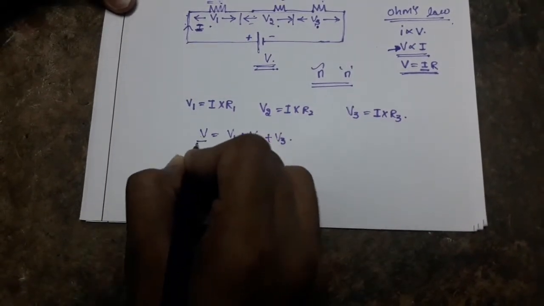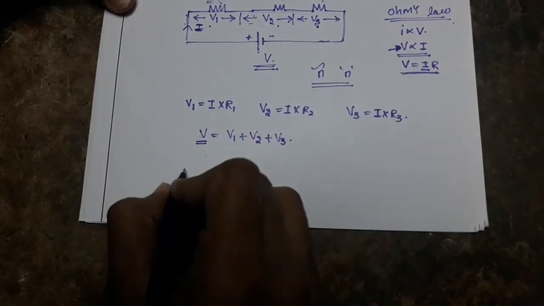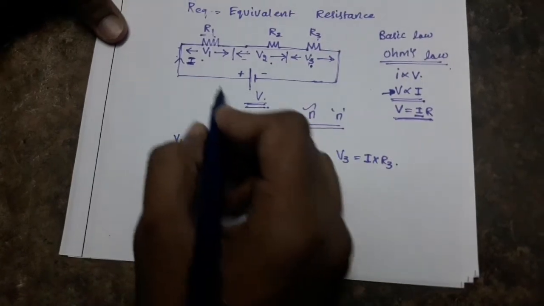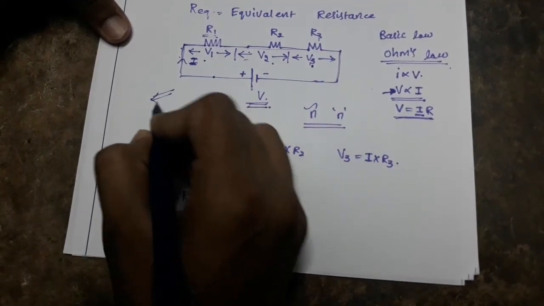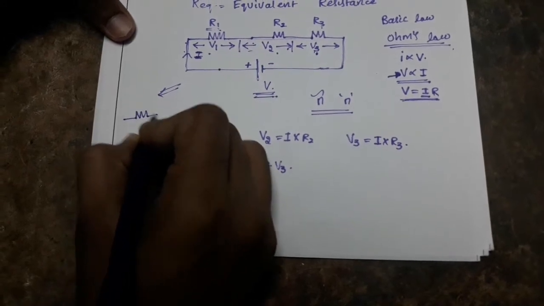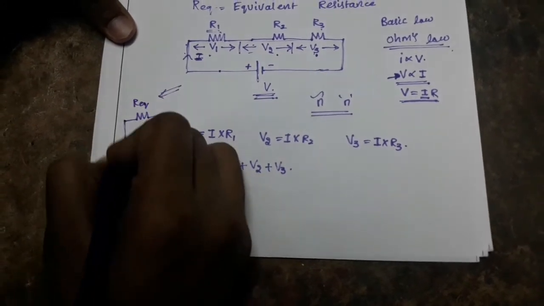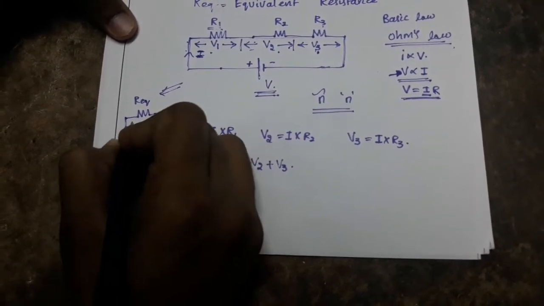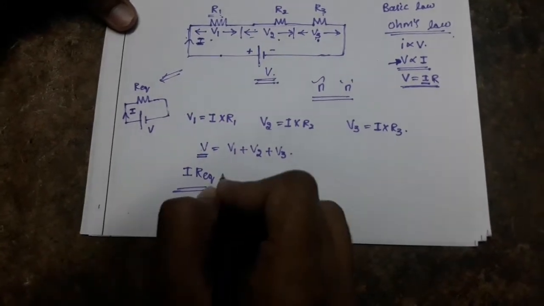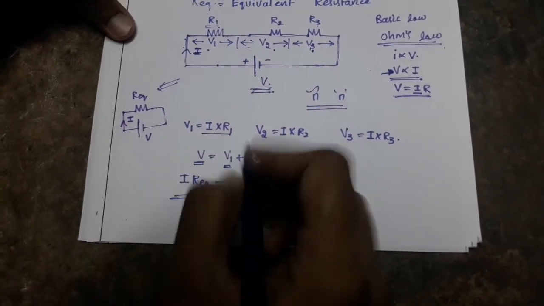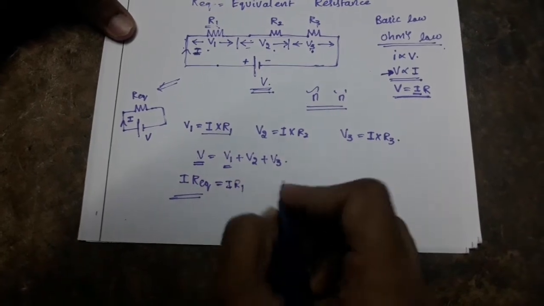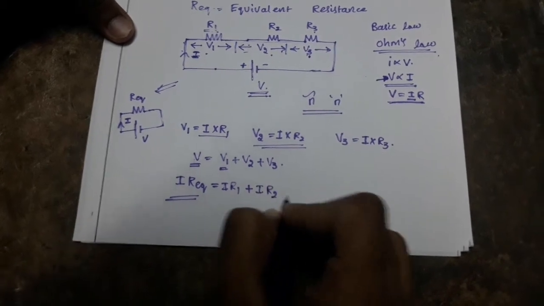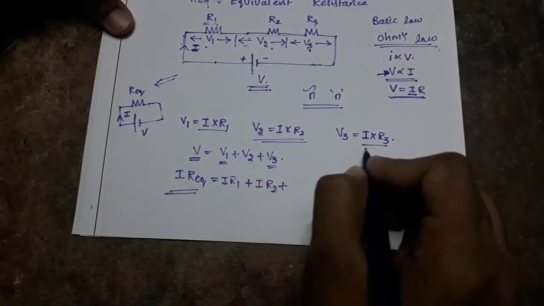So from this I know total voltage equal to I into R equivalent. This is because I am solving this circuit like this. This is R equivalent and this is the applied voltage and the current flowing through it is I. That is equivalent to, we know V1 equal to I into R1 plus V2 equal to I into R2 plus V3 equal to I into R3.